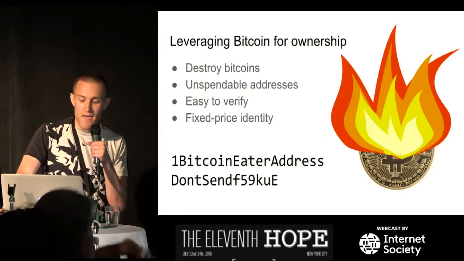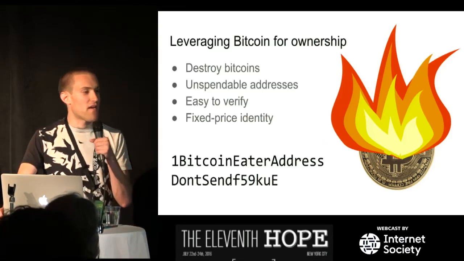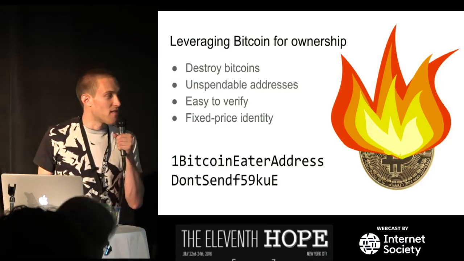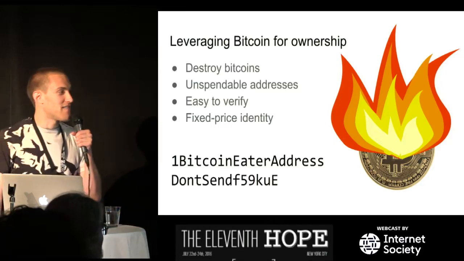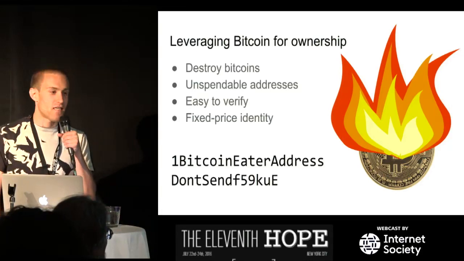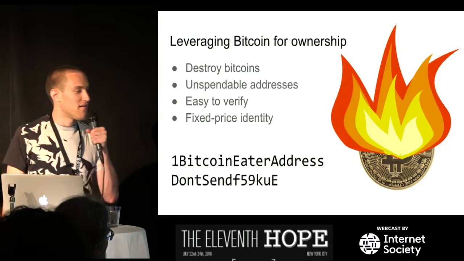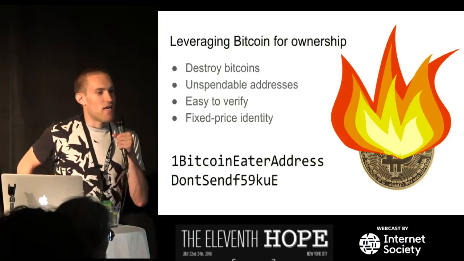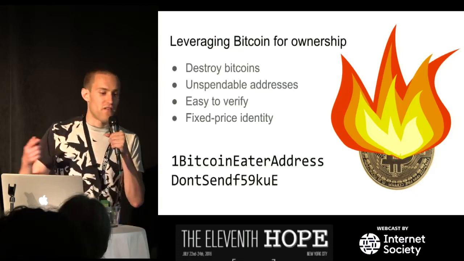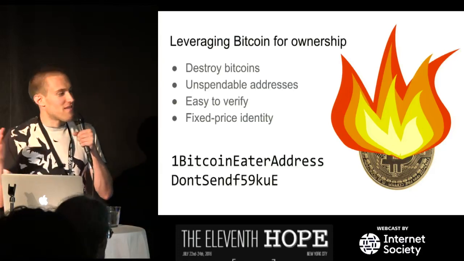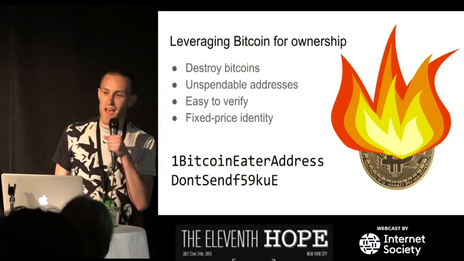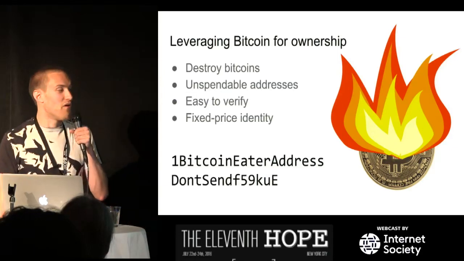There's something called unspendable addresses. I've got one of the most famous unspendable addresses at the bottom. It's the one Bitcoin eater address, don't send F59KUE. And this actually has a couple of thousand dollars in it right now. The interesting thing here is money can go in, but it can never leave. So those 3 Bitcoins that are in there are now destroyed forever. And it's easy to make your own unspendable address.